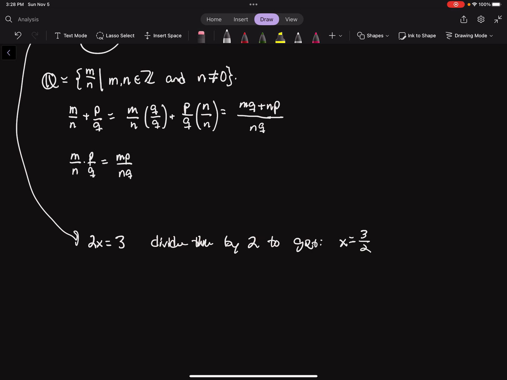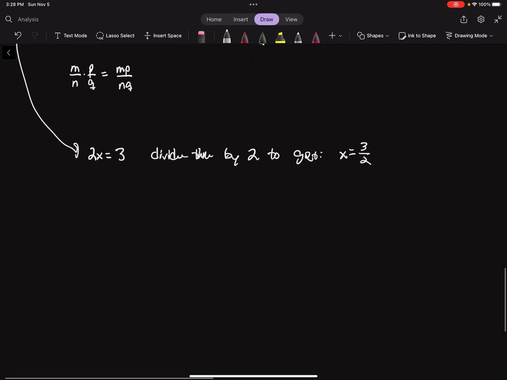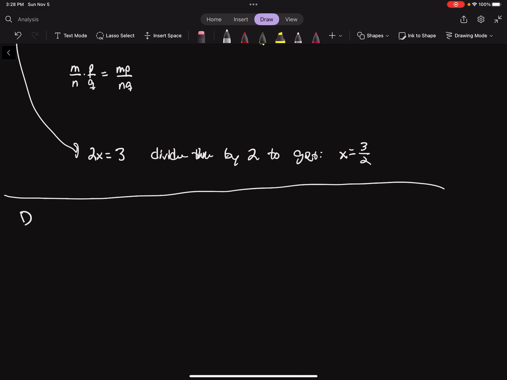But the problem is we can actually formulate problems in Q that have no solution in Q. And here's a question. Does there exist a rational number p with p squared equals 2?